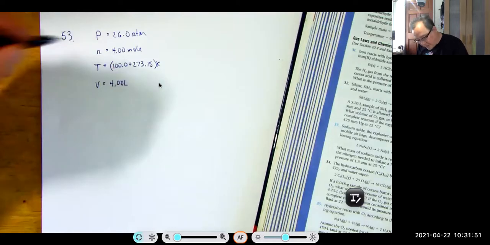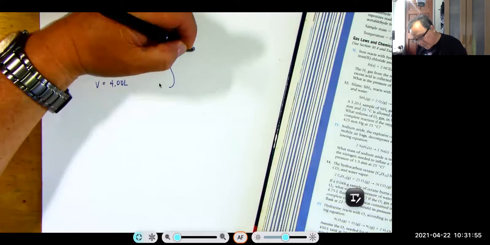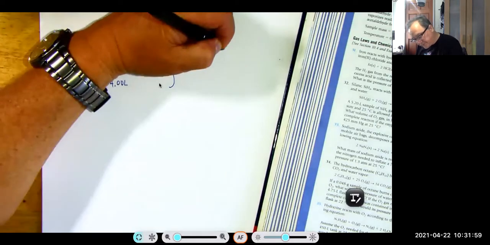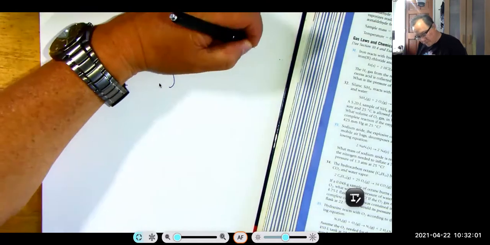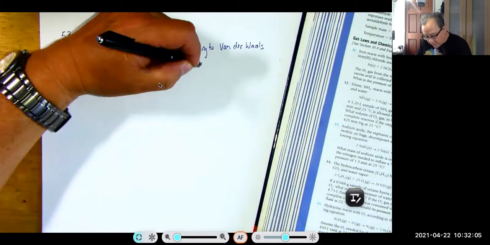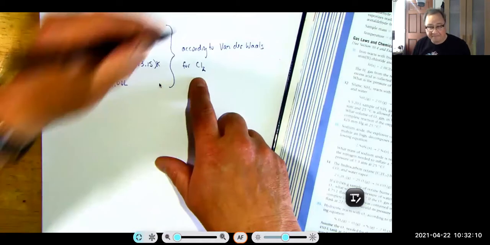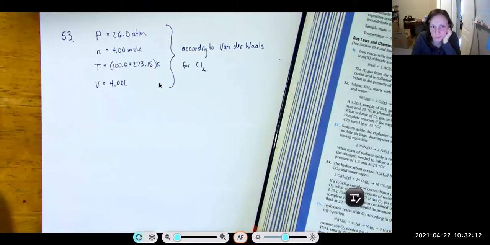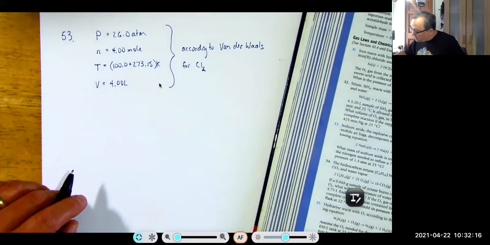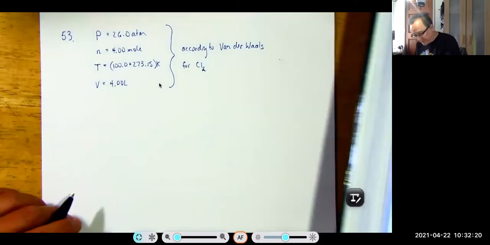And this is according to van der Waals for chlorine. So that's important that we know it's chlorine because we need to use the correct A's and B's, right? Okay. And here we're supposed to also compare this to the ideal gas.